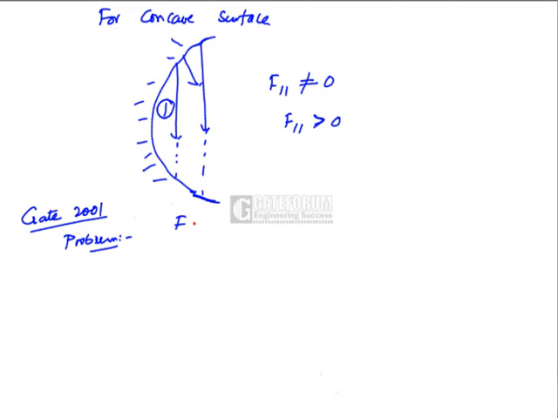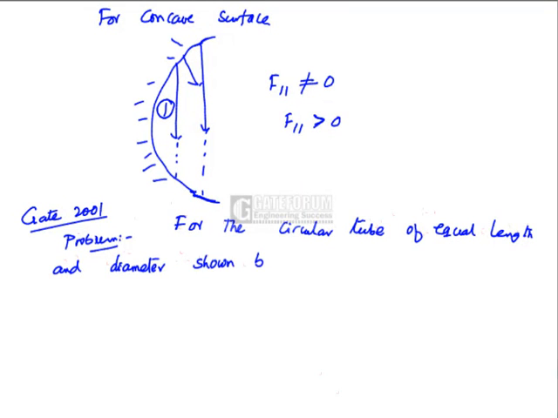For the circular tube of equal length and diameter shown below, the view factor F13 is 0.17.